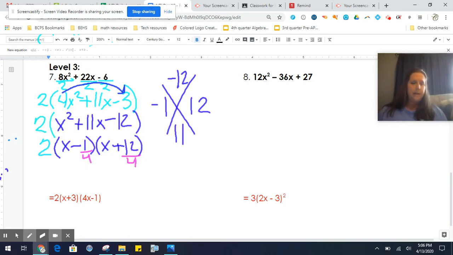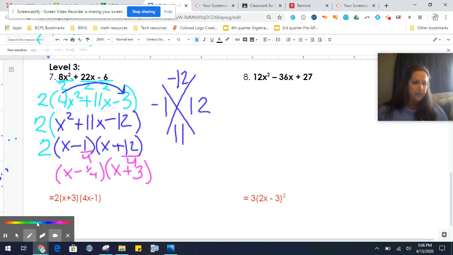Once you slide, you have to reduce. So 1/4 doesn't reduce, so I'm going to have x minus 1/4 still. But 12/4 does reduce to 3, so x plus 3. And once again, my GCF from the beginning of this problem is still coming down.